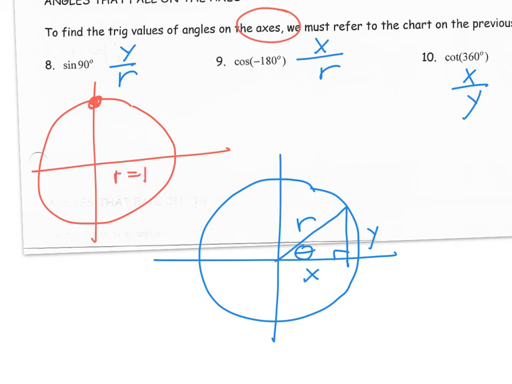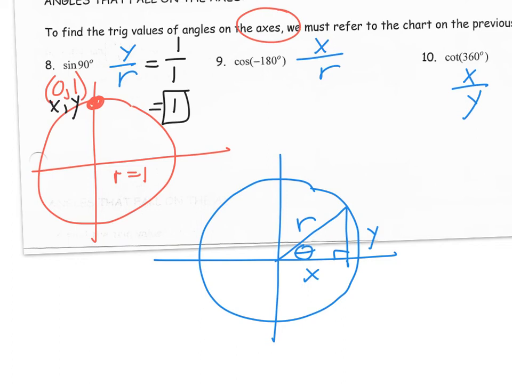So if I have a point right on the axis here, the coordinates of that point are 0, 1. In other words, the x value is 0, the y value is 1. Now again, radius is also 1. So if I have to fill in this ratio of the y value to the radius, it would be 1 over 1. So sine 90 is 1.